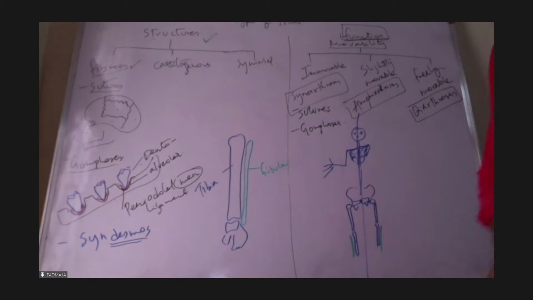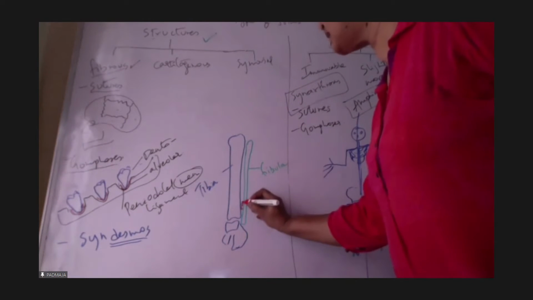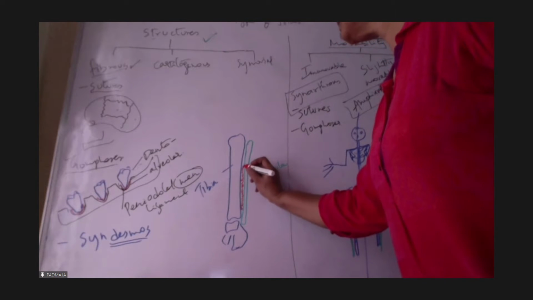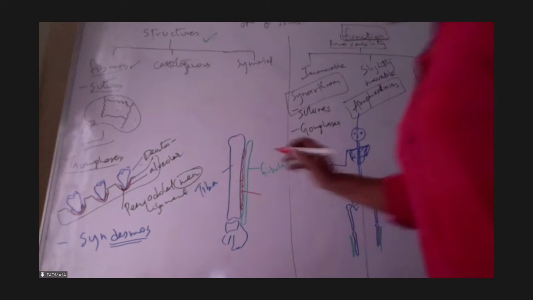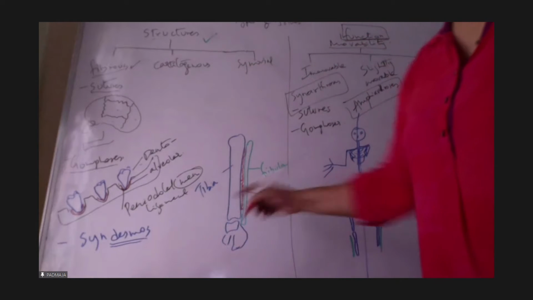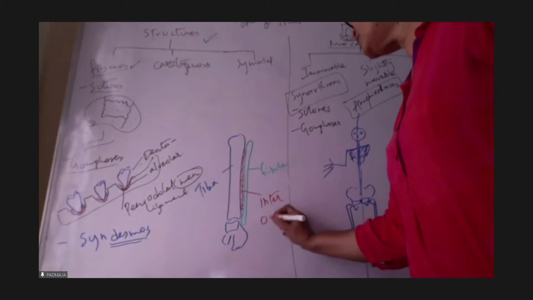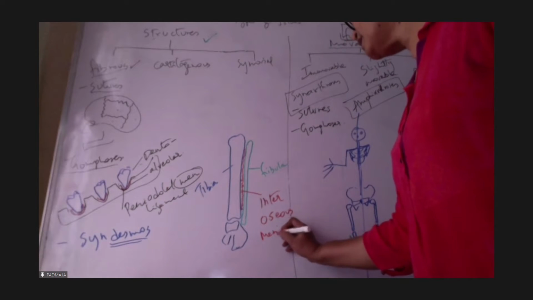And in between the two bones, a thin membranous extension. It is named as the thin fibrous sheath between two bones, interosseous membrane.